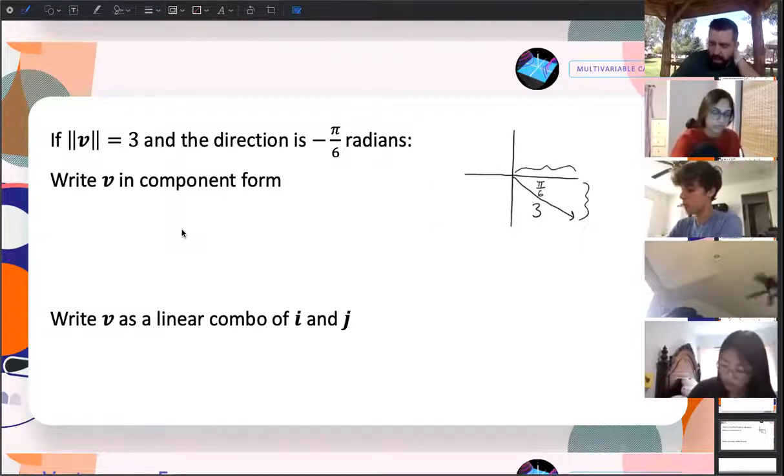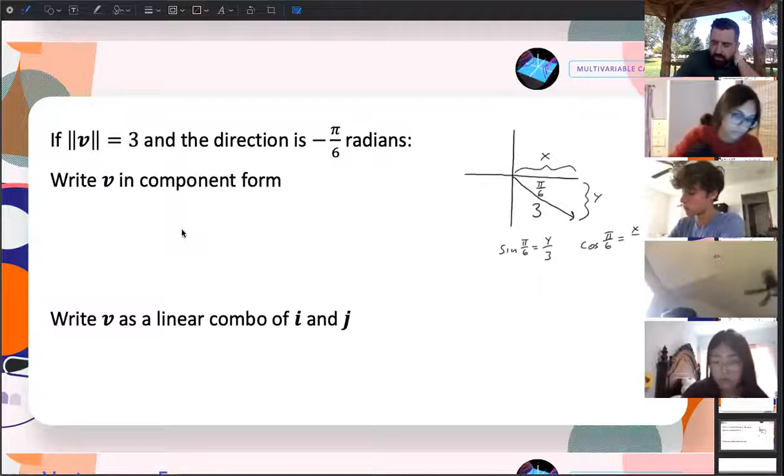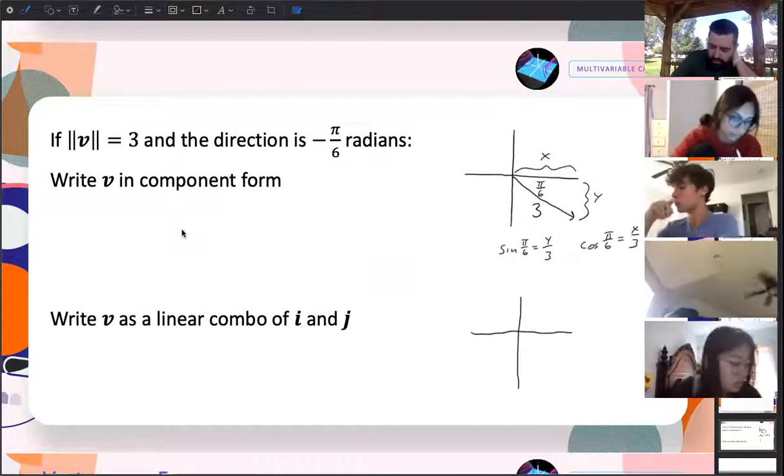If we have the hypotenuse, we could say, well, the sine of pi over 6 should be y over 3, and the cosine of pi over 6 should be x over 3, and we could solve that way. Since it's a unit circle value, we could also just use the unit circle.